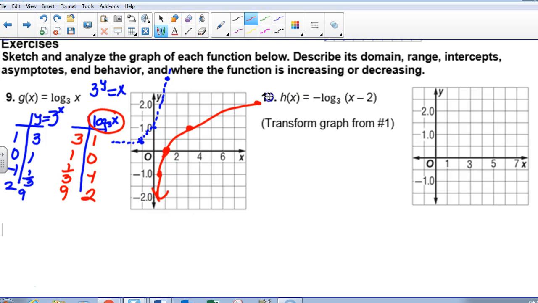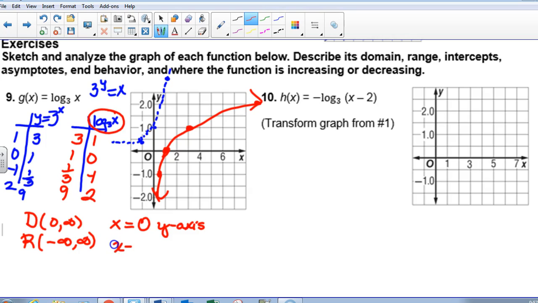What are the values of domain? Anybody? 0 to infinity. Range is up and down, so it's negative infinity to infinity. Asymptote, there is one at what? Yes, it's a vertical asymptote at the y-axis, which is x equals 0. Intercept, there was an x-intercept only at 1, 0.